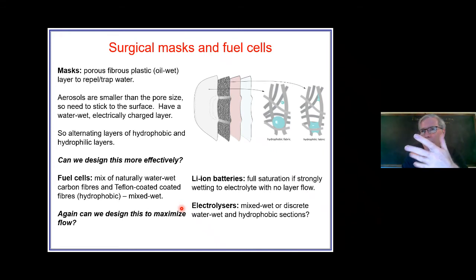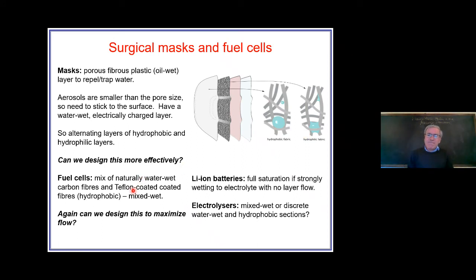And of course, you can't make the pore space smaller because then you can't breathe through the mask. So what you have to do there is you actually have to attract those little droplets to the surface. So a proper surgical mask actually has layers of material that repels water, so traps the big droplets, and material that attracts the very small droplets so they stick to the surface rather than getting to you or getting to someone else.